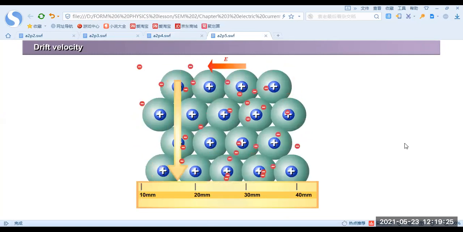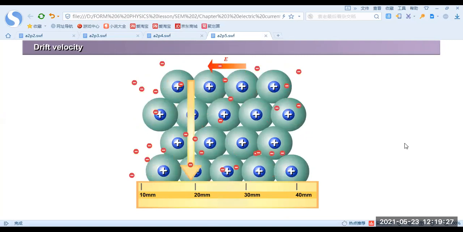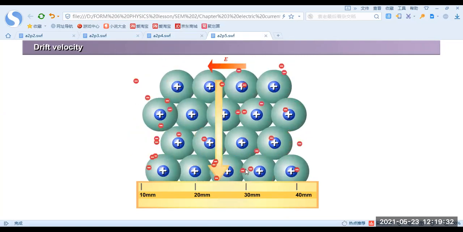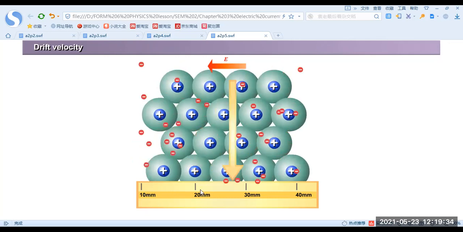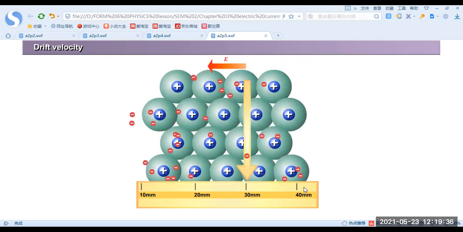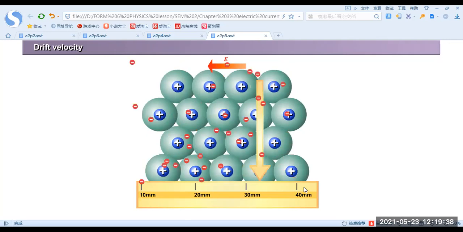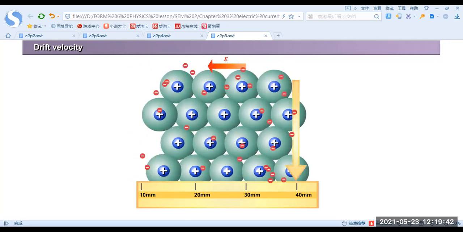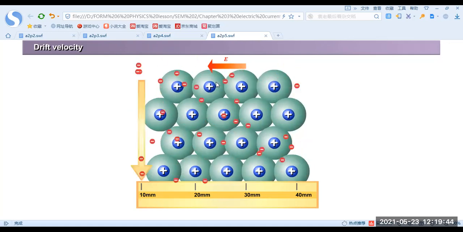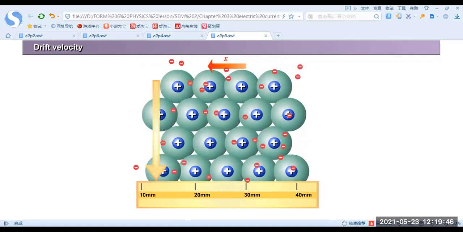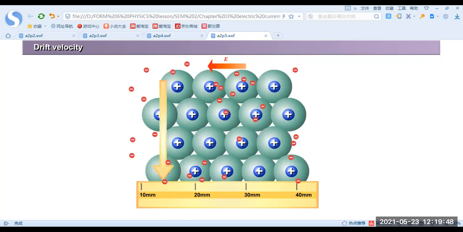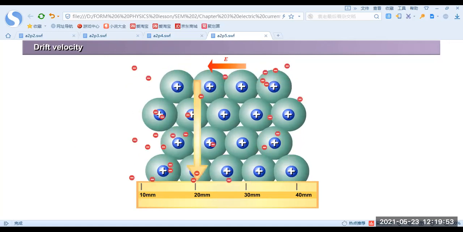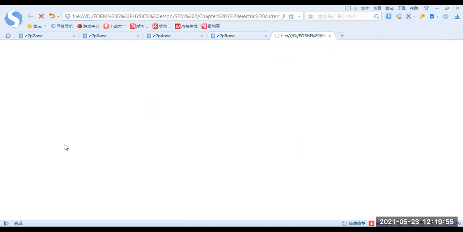Let's say one of the electrons, this one, is moving a distance of 10 mm in a certain time. The electron's direction is always opposite the direction of the electric field between the two terminals.